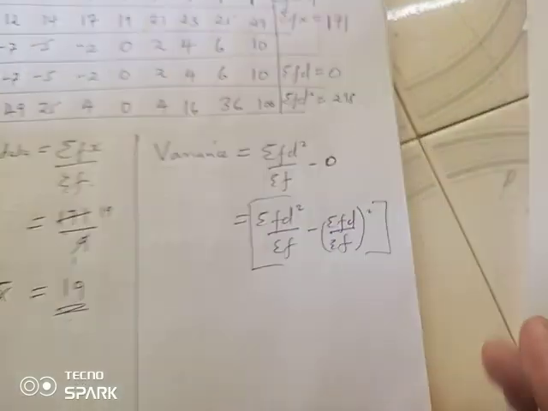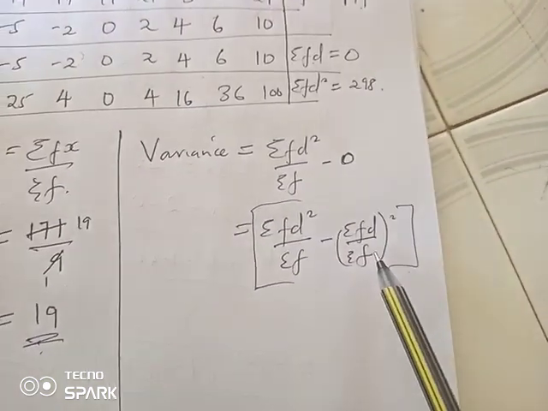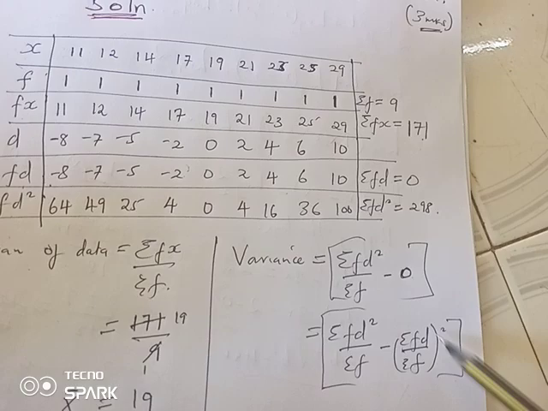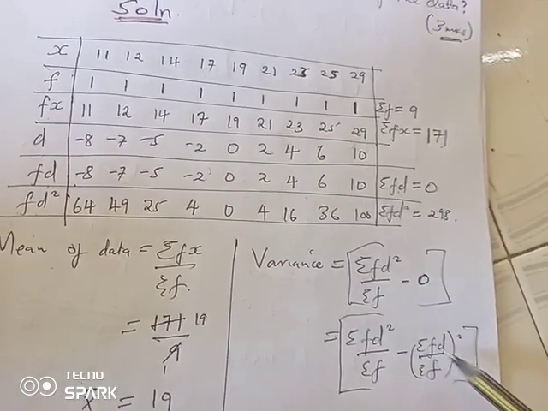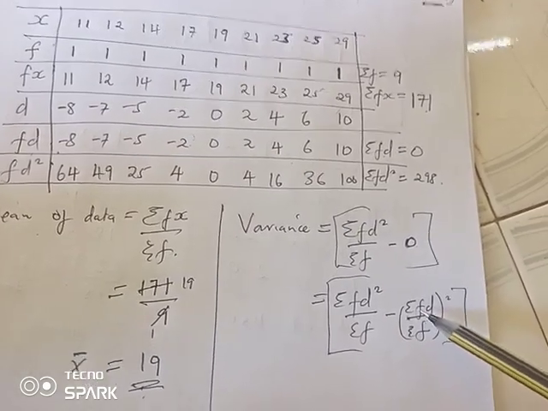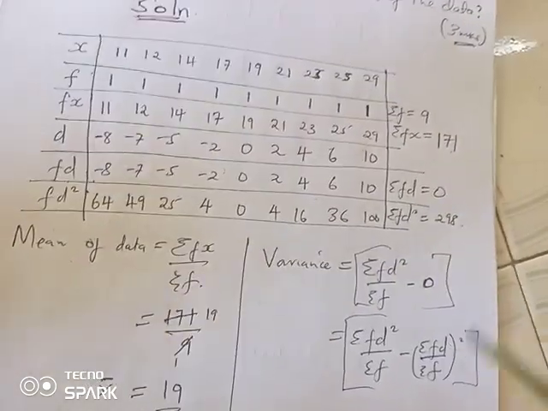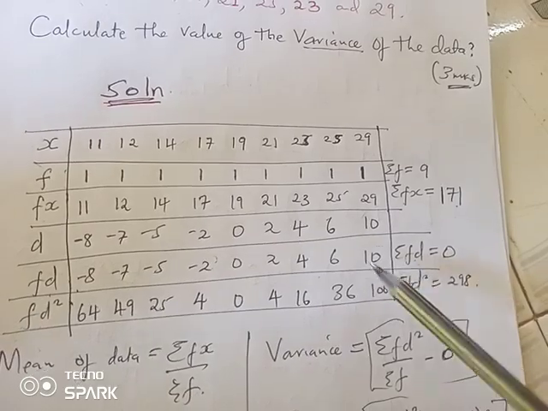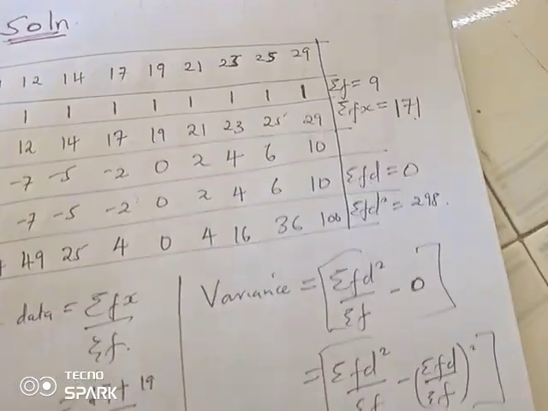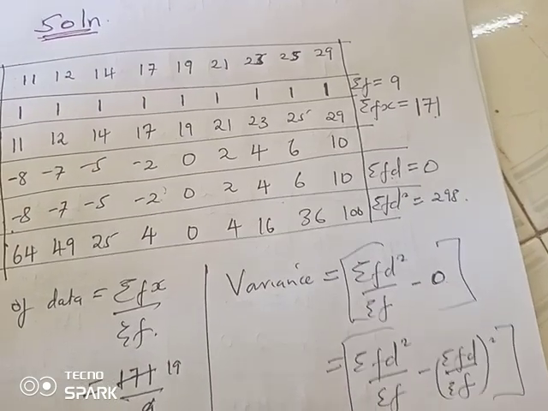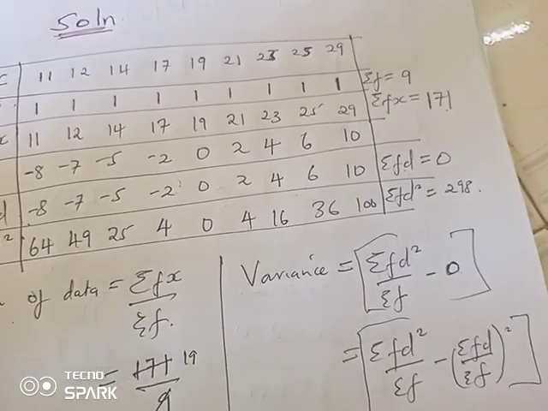I believe this is the formula students are more conversant with. But remember, why am I letting here be 0? I've let it be 0 because this is deviation from the mean, and therefore the mean of d becomes 0 because the positive side cancels with the negative side. So finally, our formula can be narrowed down to a simpler one.